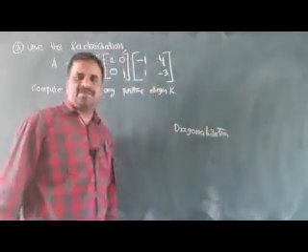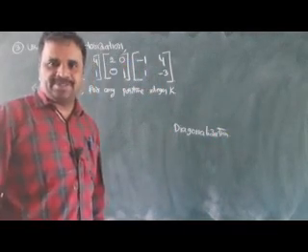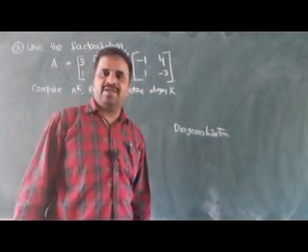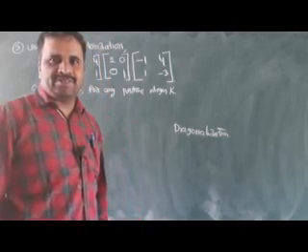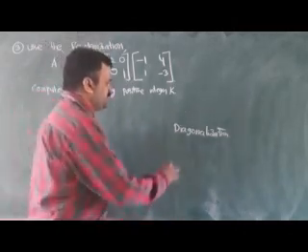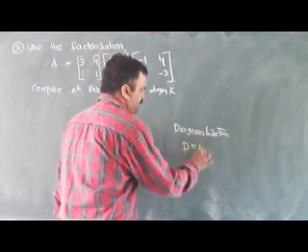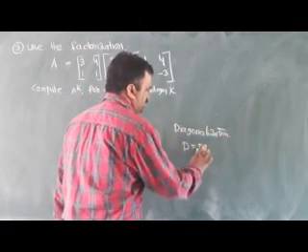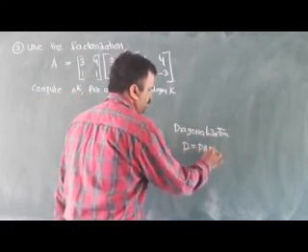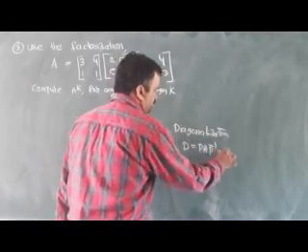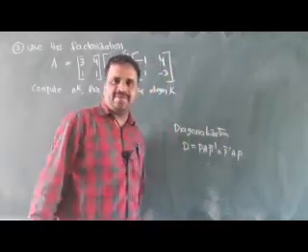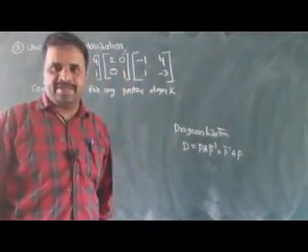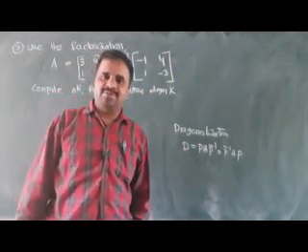A square matrix A is said to be similar to a diagonal matrix if it satisfies the condition D equal to P A P inverse, or P inverse A P. Then we say A is similar to D.